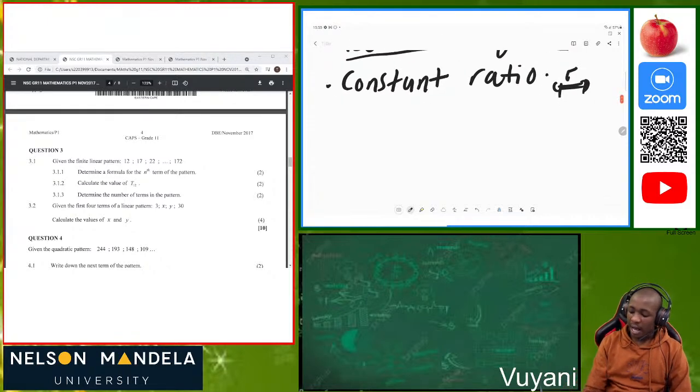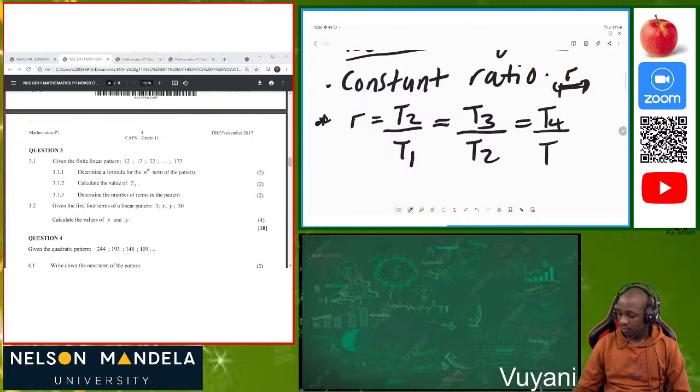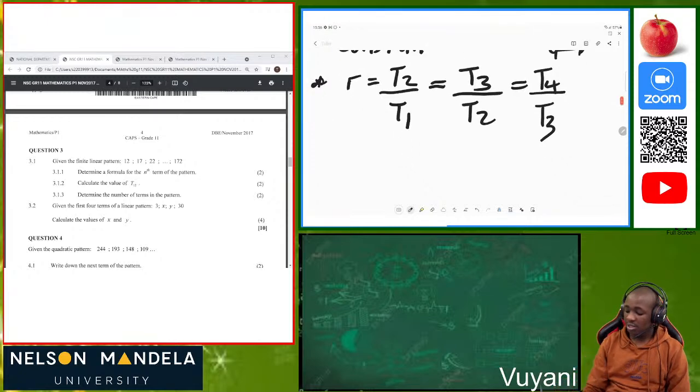So how do we find r? R is always equal to term 2 divided by term 1, which is the same as term 3 divided by term 2, which is also the same as term 4 divided by term 3.